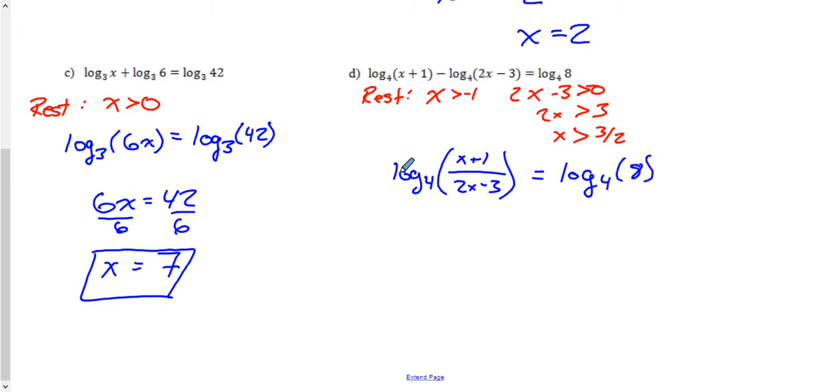Now that I have common bases on both sides, log 4, I can drop my logs and I can simply work with what I have left over. So I have x plus 1 up top divided by 2x minus 3 in my denominator is all equal to 8.